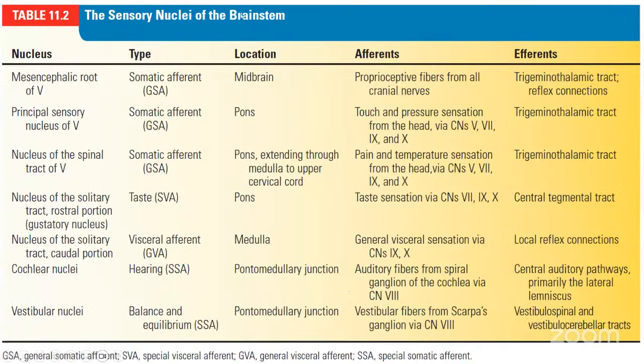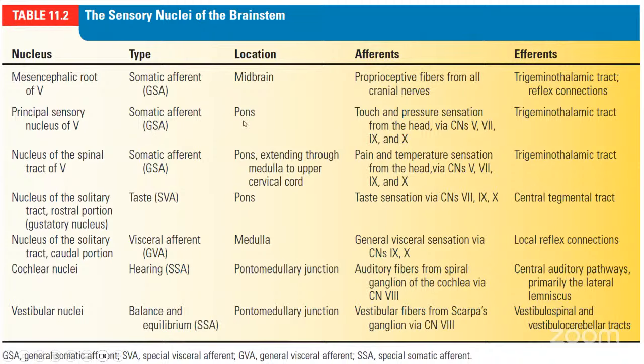So, sensory nuclei of the brainstem. Mainly we know the fifth cranial nerve, which includes the mesencephalic root, the principal sensory nucleus of the fifth, and the nucleus of the spinal tract of the fifth. The mesencephalic root is general somatic afferent, and the principal sensory nucleus of the fifth cranial nerve is also general somatic afferent.